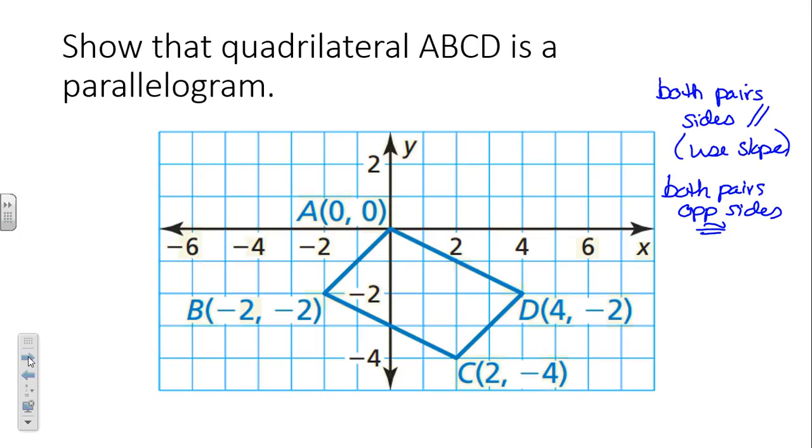Think about what is our last possibility, Maya. Absolutely. 2 midpoint problems is a lot less than 4 slope problems, or 4 distance formula problems.